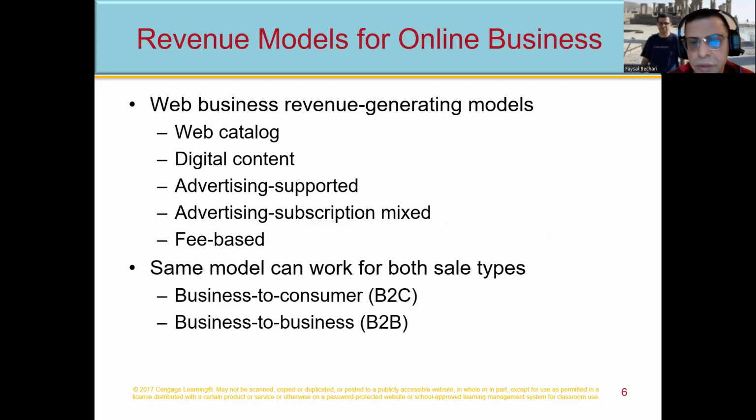There are revenue models when you're building a website or trying to do business on a website. Web businesses' revenue generation models can be a web catalog, a digital catalog, advertising supported, subscription-based, mixed, or free-based. For the web catalog and digital catalog, we can bring up Ch3.com, probably one of the pioneers in this field.